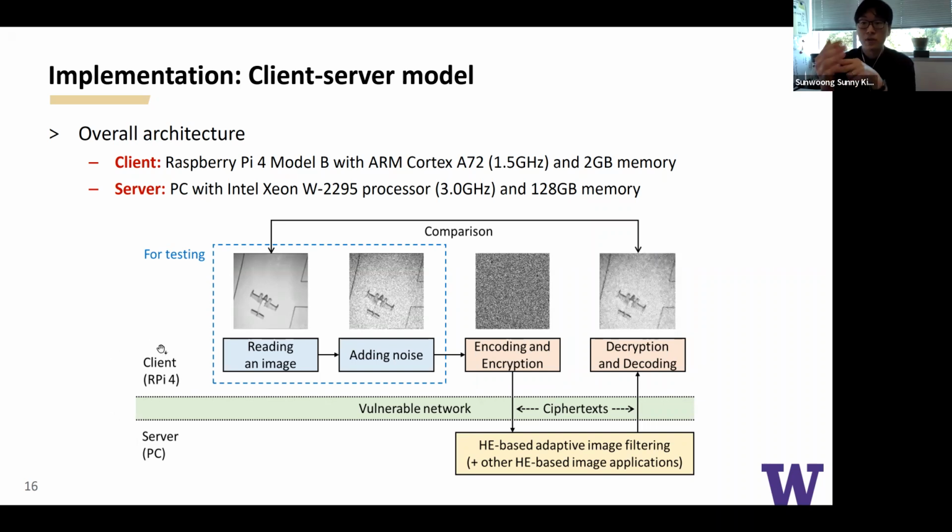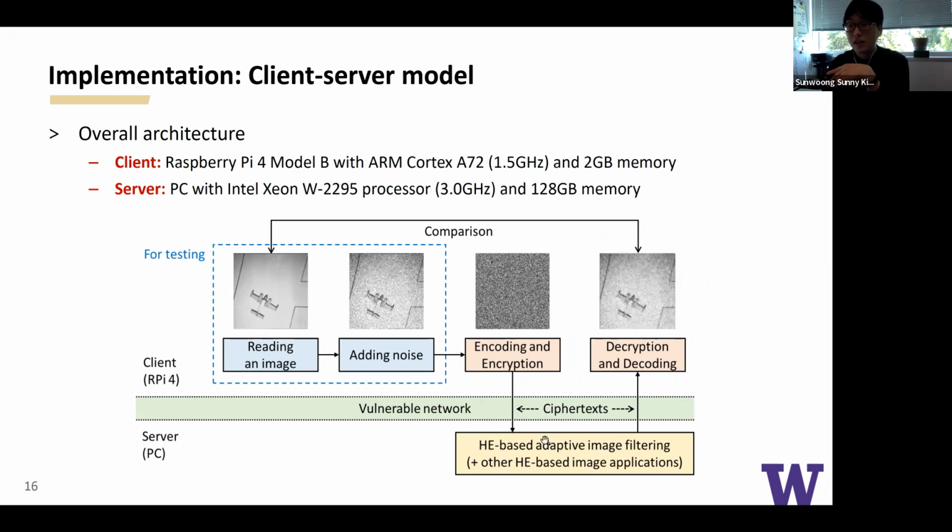First, the Raspberry Pi board reads an image and adds some Gaussian noise to generate a test image. And then the pixels of the noisy image are encoded by the proposed encoding technique and encrypted into ciphertext. And the generated ciphertext are transmitted to a PC through a network. And then the proposed homomorphic encryption-based locally adaptive image filter is performed on the ciphertext.